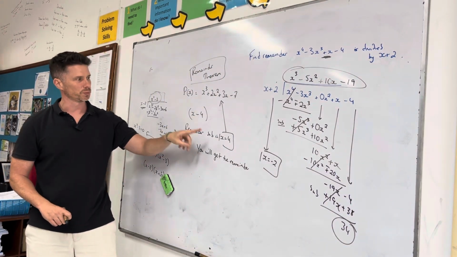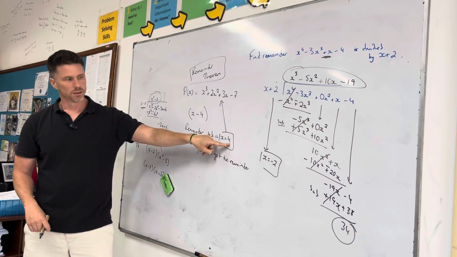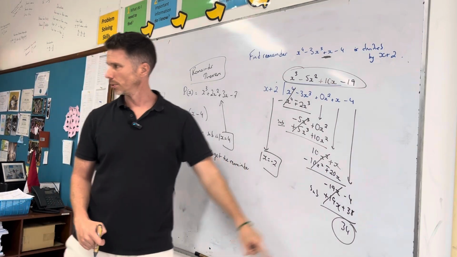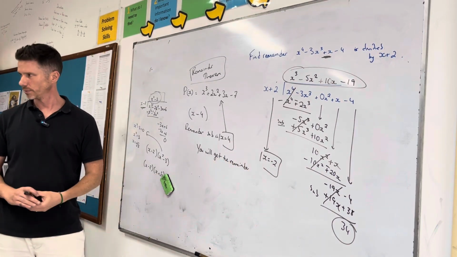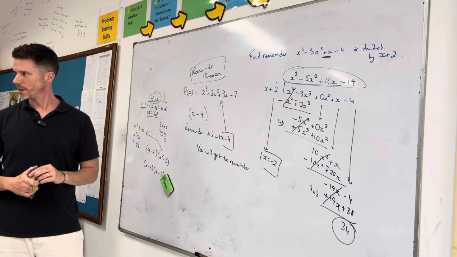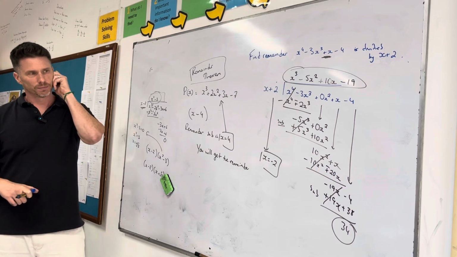Instead, I could have just subbed in 4, the opposite sign to in here, and I will get the remainder, what's left over when I divide. That's the remainder theorem. Sub in x equals something.